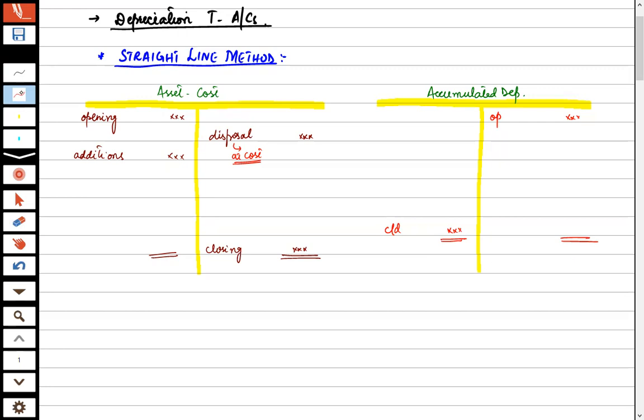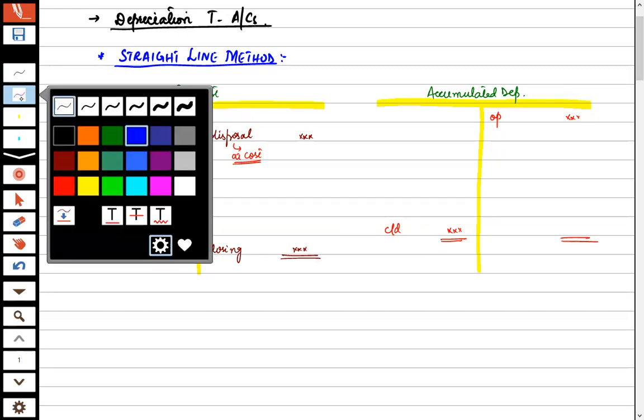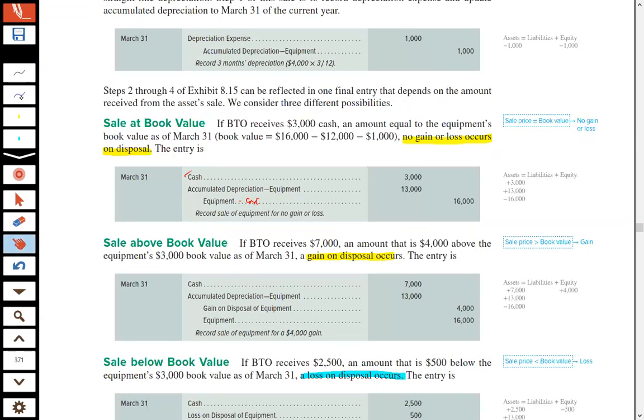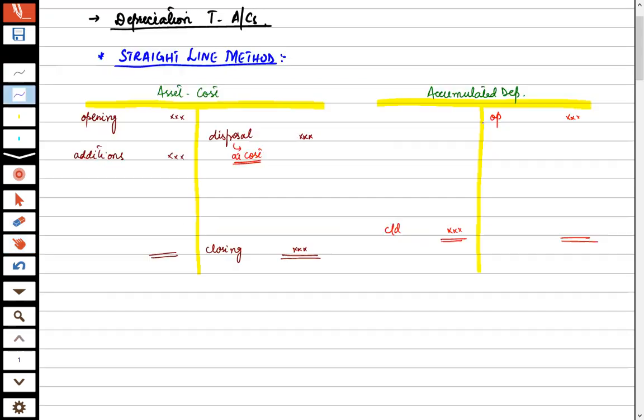Now, also you remember that when an asset is disposed of, its accumulated depreciation account is debited. So therefore, this is the accumulated depreciation account.